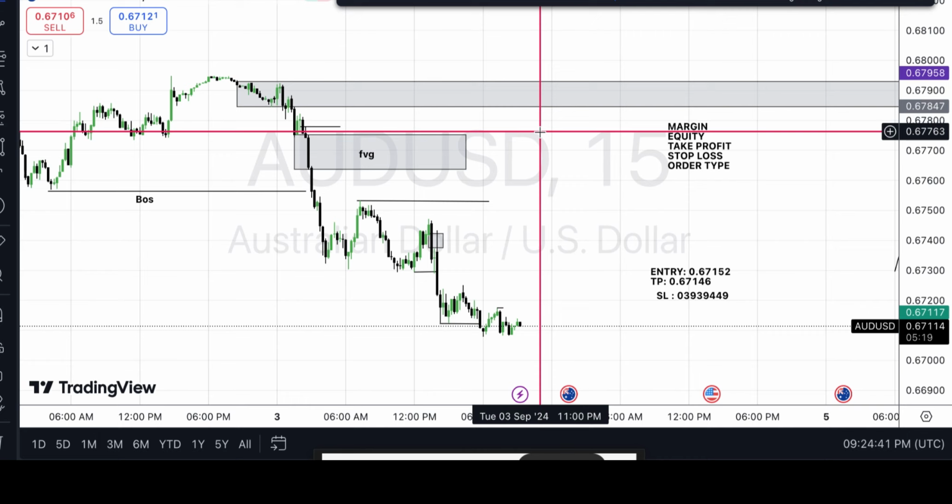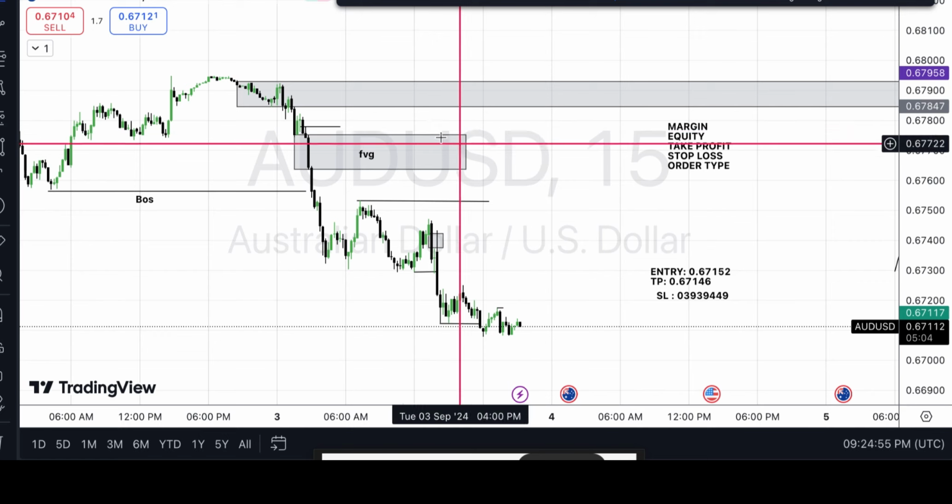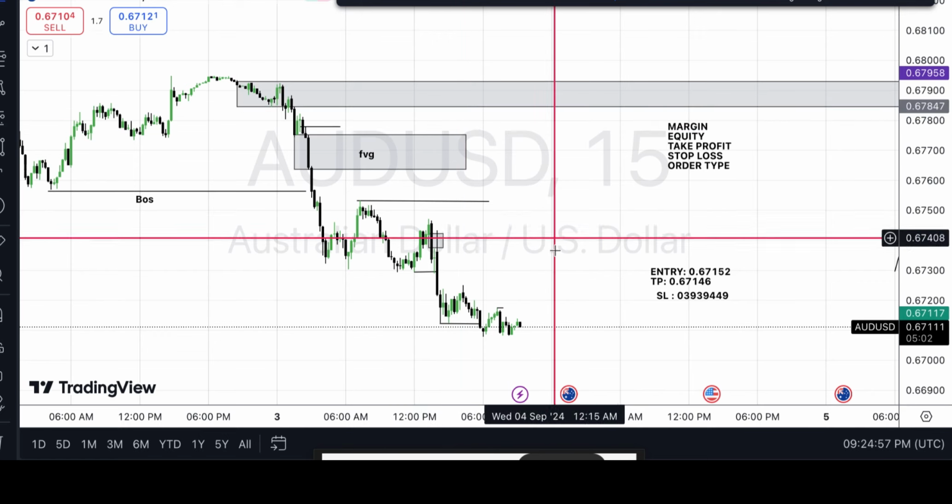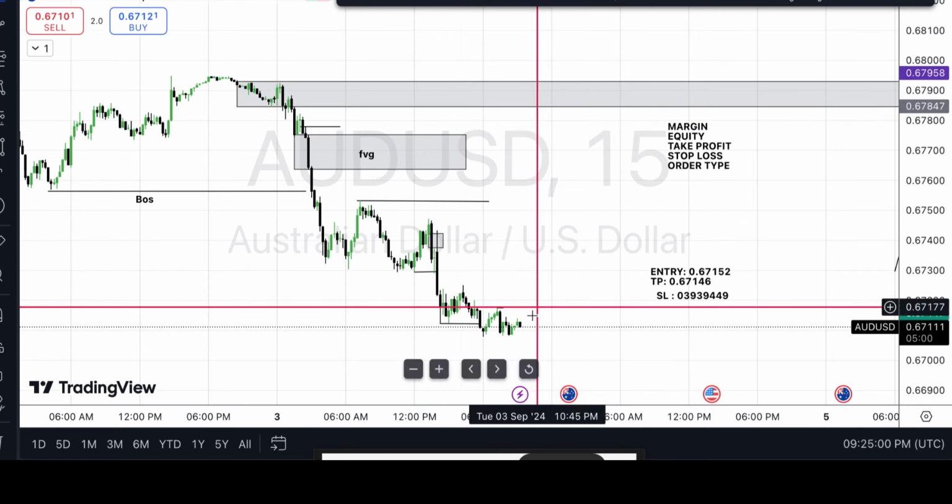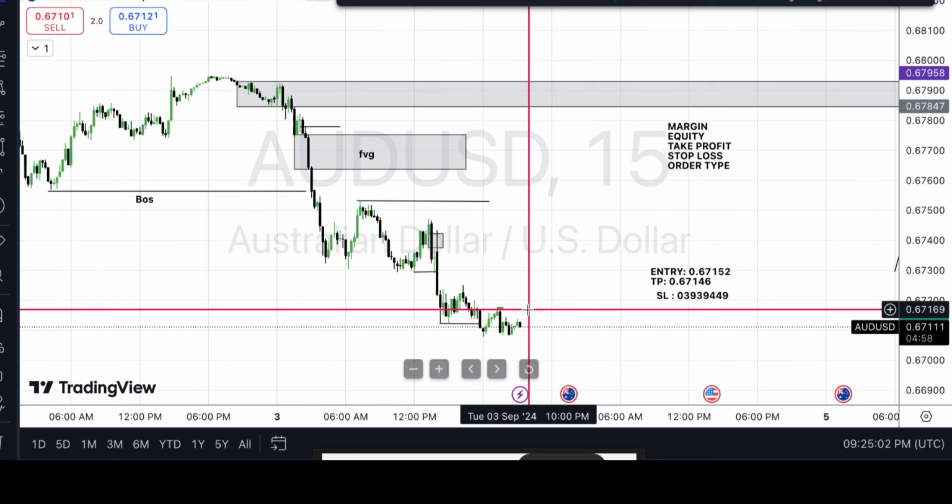Sell limit is placed above the current market price, expecting a potential rise followed by a downward movement.